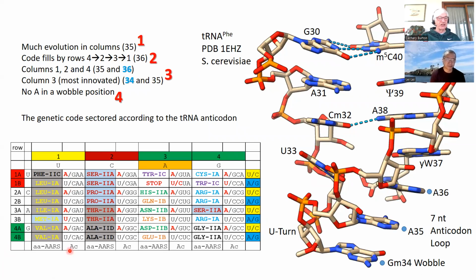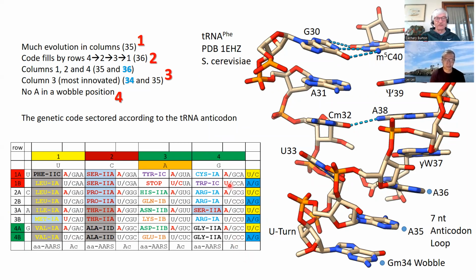This is the anticodon, so that's the tRNA. These two bases are the 34 position. This is the 35 position, and this is the 36 position here. So that's the 35 position.